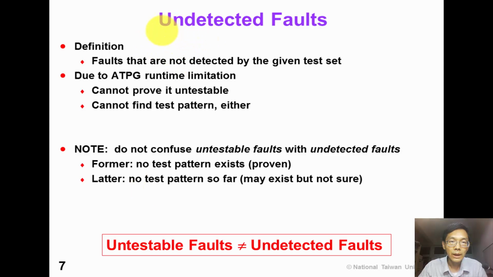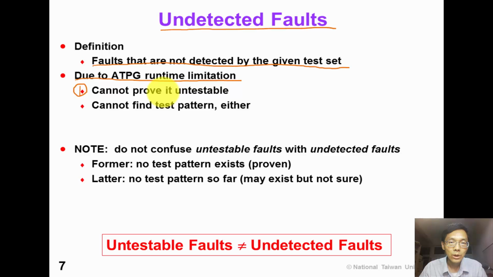So now let's go into more details about undetected faults. Undetected faults are those faults that are not detected by the given test set. Undetected faults are due to ATPG runtime limitation. The number 1 reason is that we cannot prove it untestable.